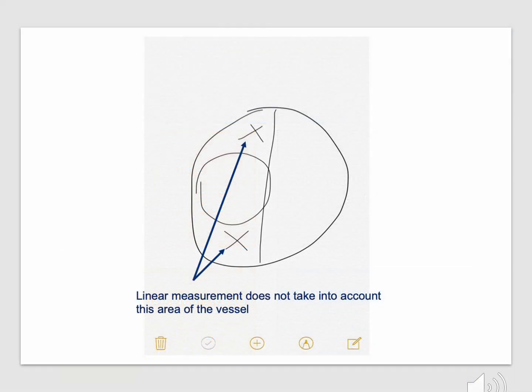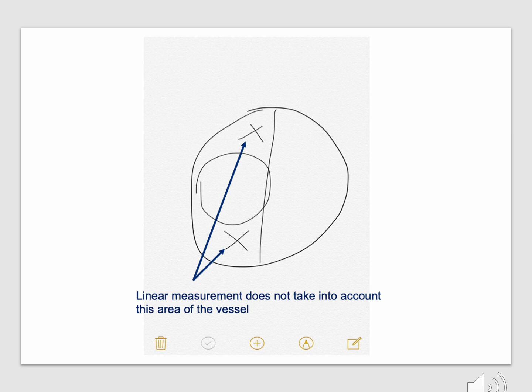This is a drawing that I did a number of years ago, really to highlight the difference between lineal and area measurement, because where the X's are is not taken into account when you do a lineal measurement. You're just measuring across the vessel, and in this case, we're measuring from north to south.